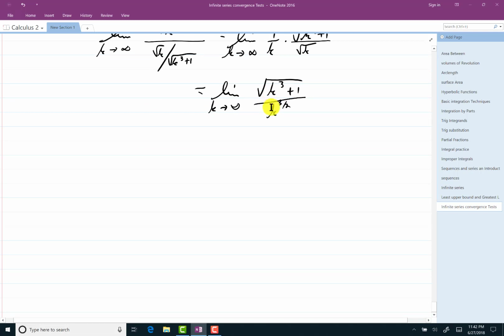Then I'm going to divide the numerator and denominator by k to the 3/2. Alternatively, if you want to use L'Hopital, you probably can. Actually, I wouldn't say that. I'm just rewriting it, I think. Now, when k to the 3/2 comes inside of the square root, you've seen this enough, it becomes k to the 3rd.